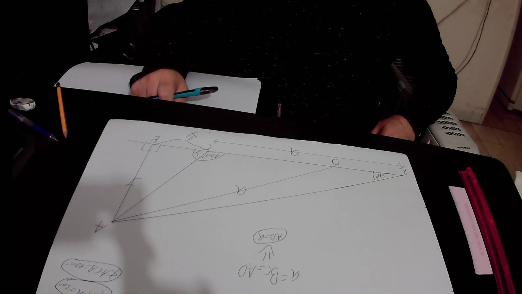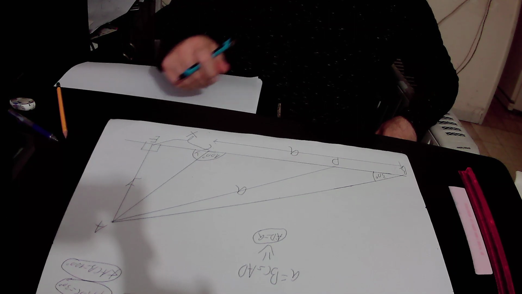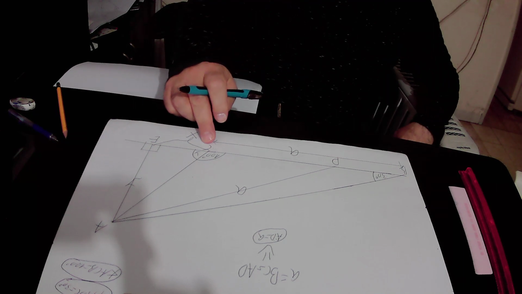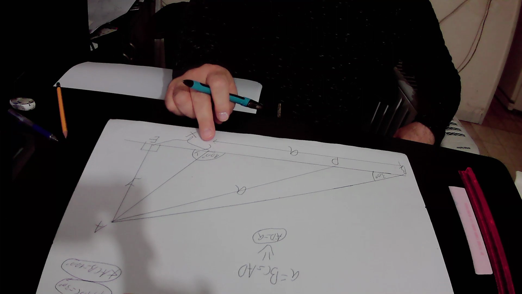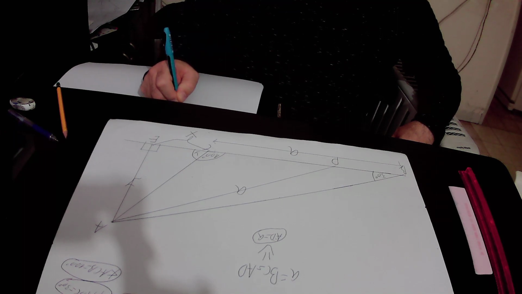And we have the rule that the sum of the angles on one side of a straight line is equal to 180 degrees. So if we focus on the upper side of the straight line BE at point C, the sum of the angles must be equal to 180 degrees. Which angles do we have at point C on the upper side of BE? We have 100 degrees plus angle Y. In total, they must be equal to 180 degrees.